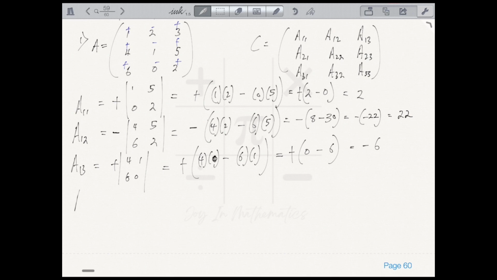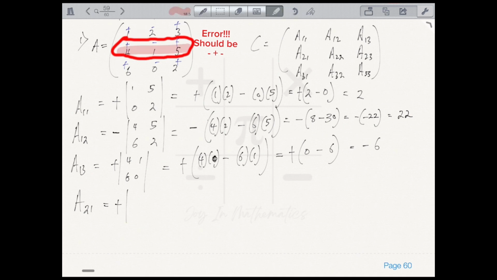Then we move on and evaluate A21. A21 is the cofactor for element 4. The place sign on that, as we have it, is positive. Let's evaluate what we have there. Horizontally and vertically, we are left with 2, 3, 0, 2, just as we did in determinants.